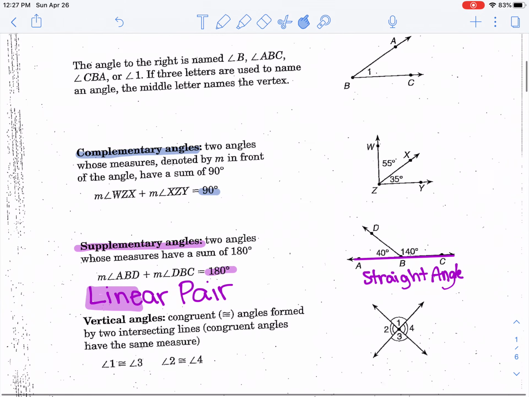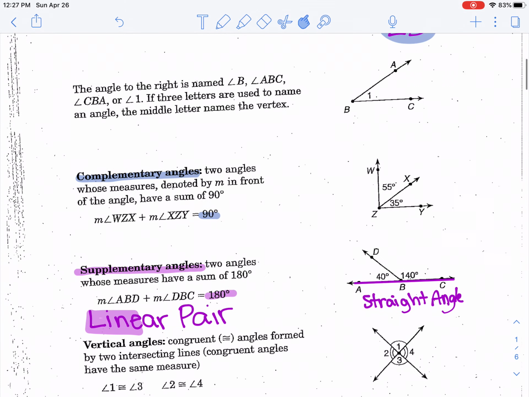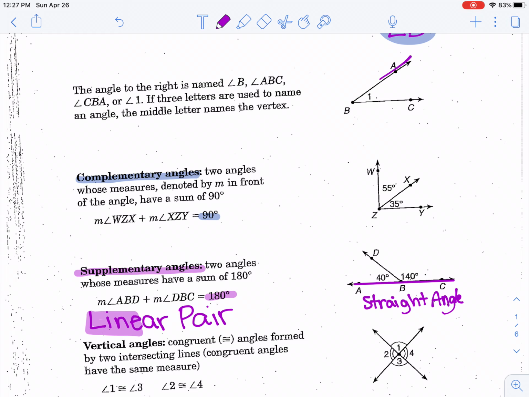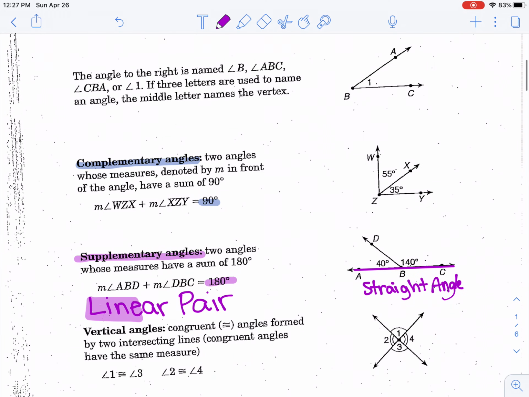We looked at some other names of angles last week. We talked about an angle smaller than 90 degrees, which would be acute. I don't see an obtuse angle on here, but we also looked at obtuse angles, which would be an angle that is greater than 90 degrees.